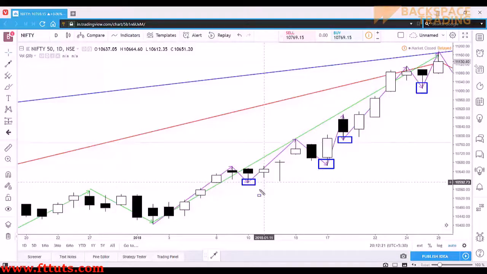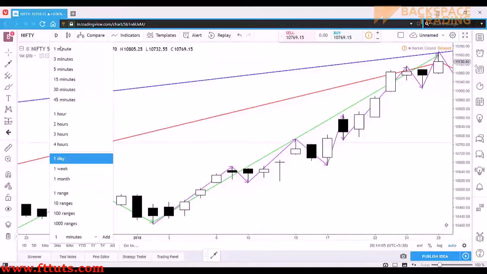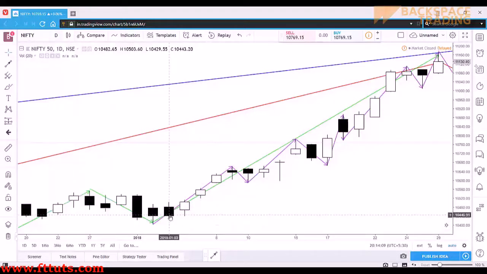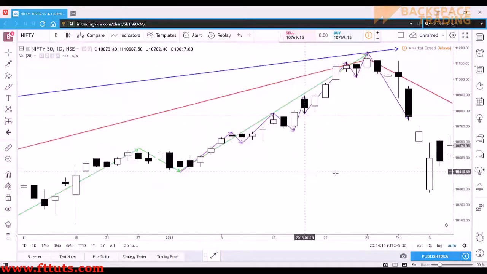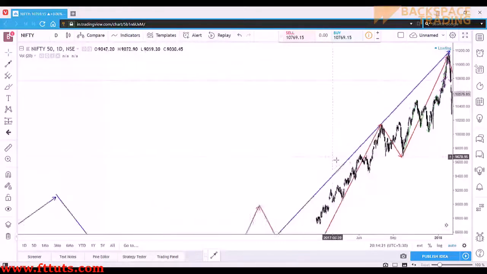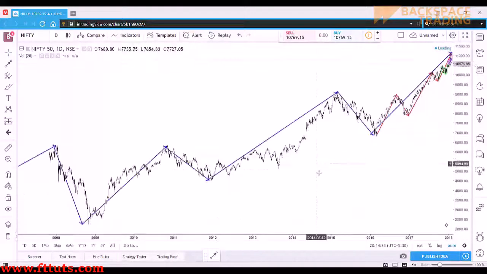And now you are most welcome to go into 1 hour, 4 hour charts, and even going to dissect these into further smaller waves. Of course, each wave has its own up and down motion. See how beautiful this turned out.